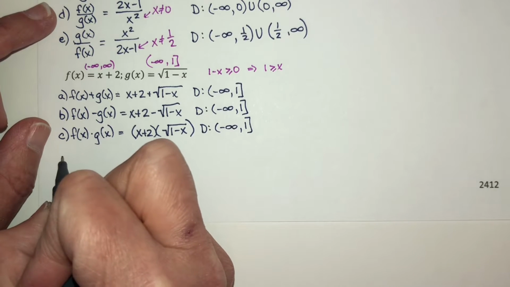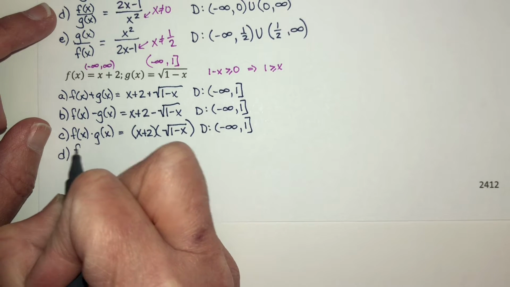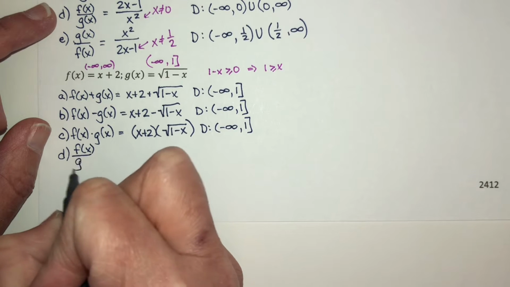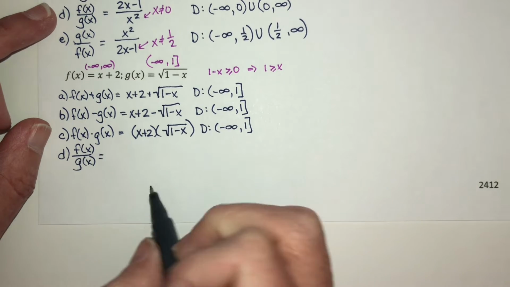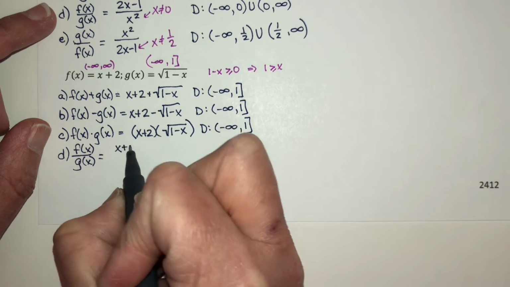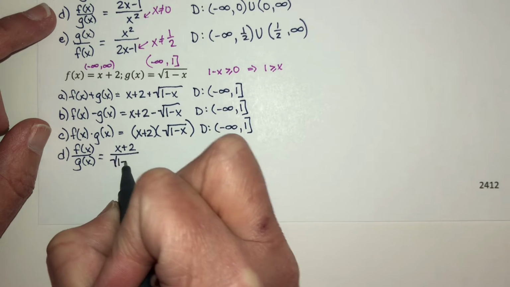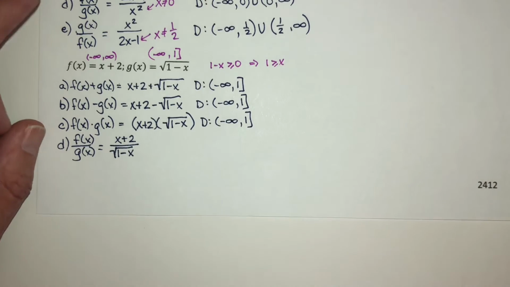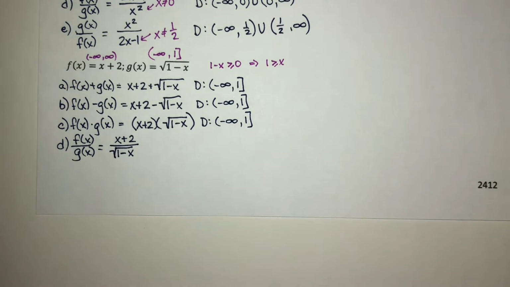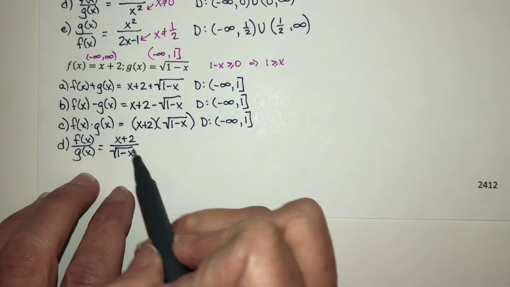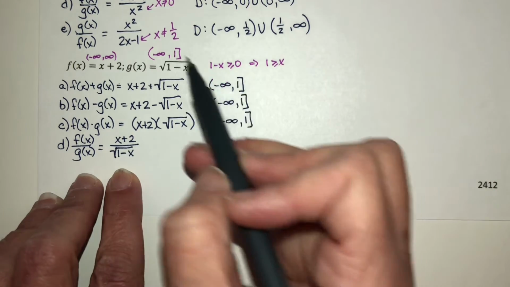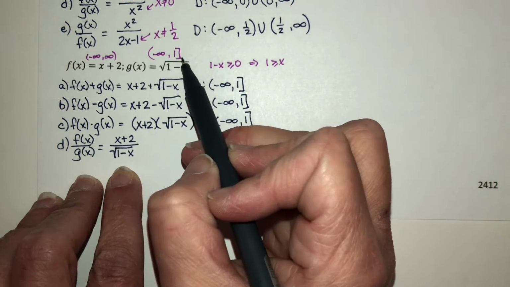Okay, now for the division. Let's do f of x over g of x. So that gives me x plus 2 over the square root of 1 minus x. Now, we do have a new issue here. We still cannot take the square root of a negative number, so we still have at least this much of a restriction.